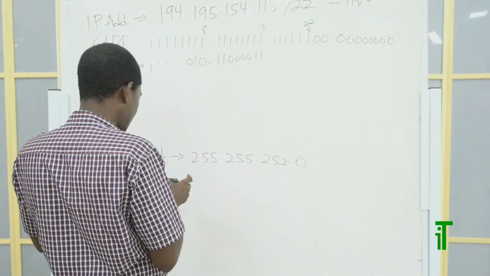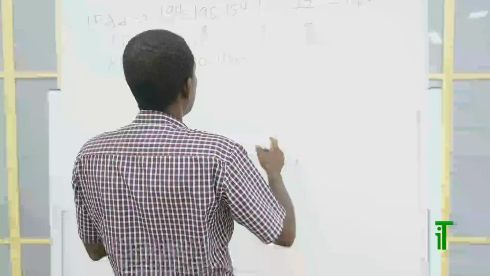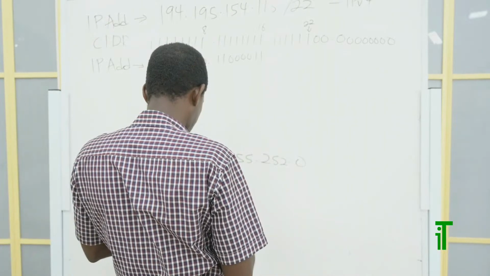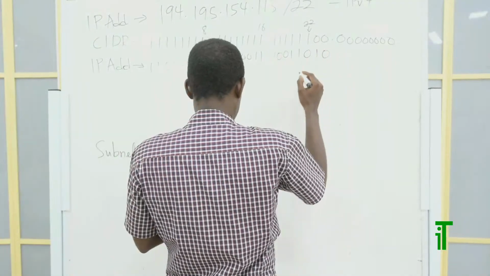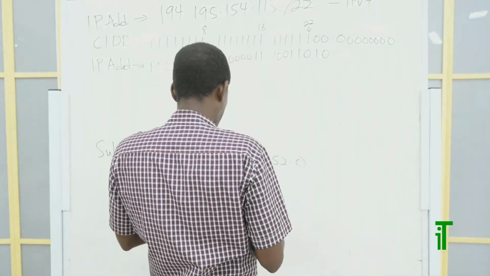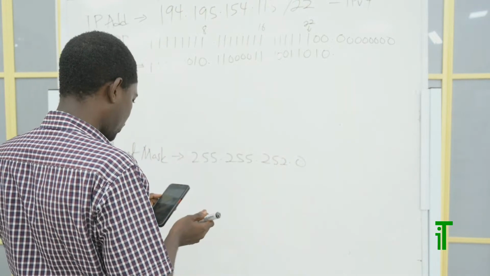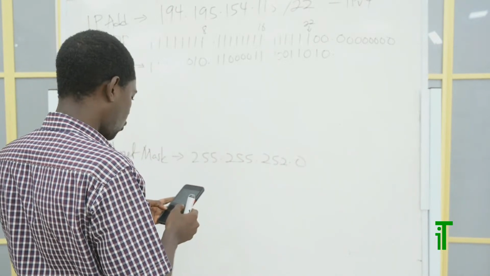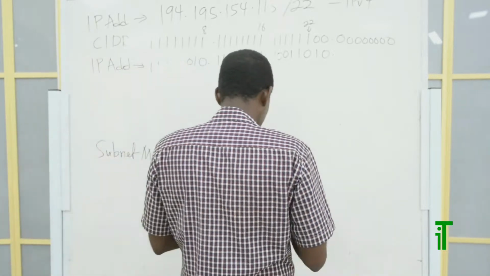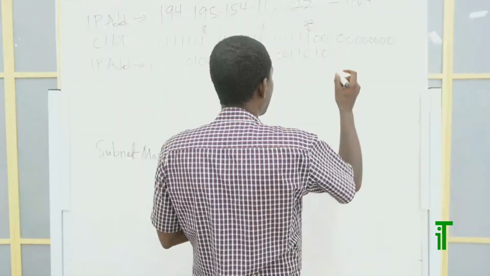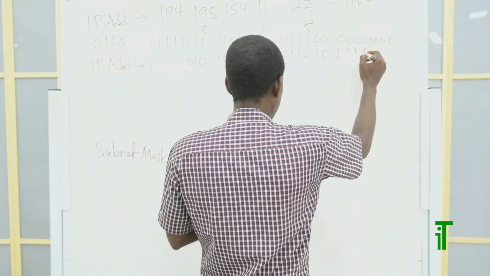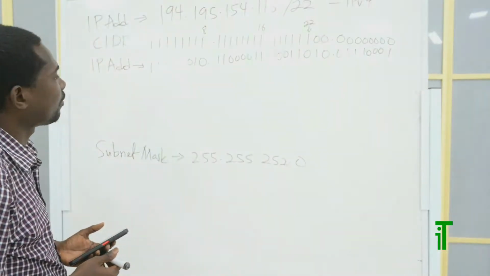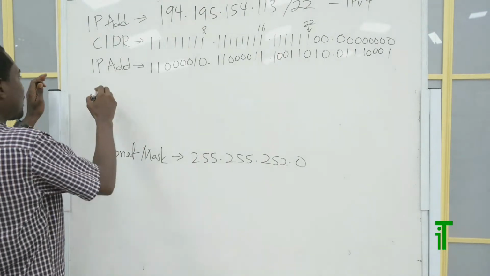Then 154 is 10011010. Then the last one, 113, will be 01110001.